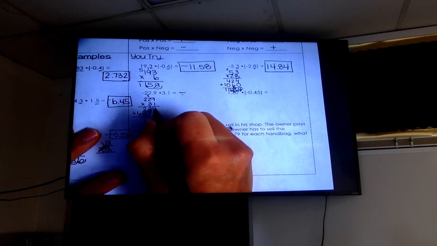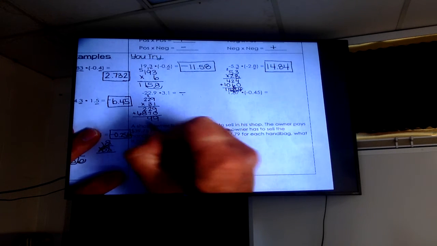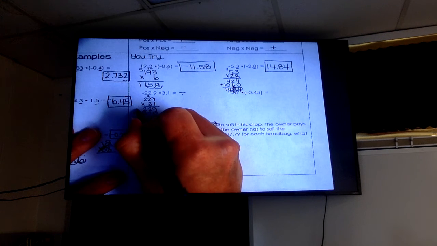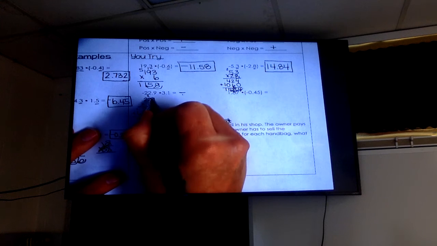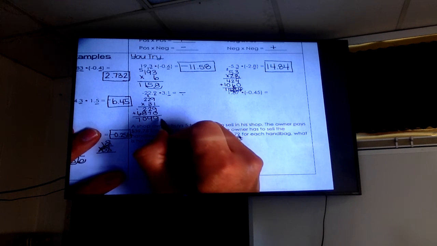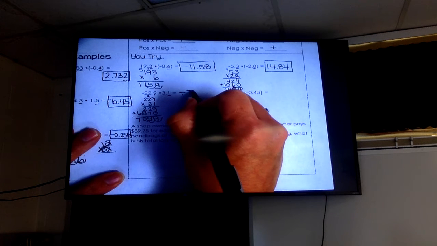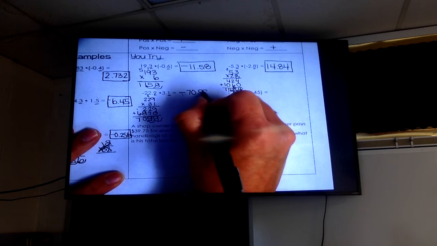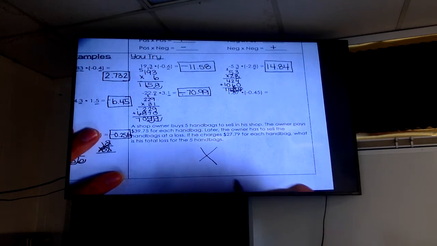Now I just need to add. 9 plus 0 is 9. 2 plus 7 is 9. 2 plus 8 is 10. And 1 plus 6 is 7. I go back up here. I have 2 numbers behind the decimal point, so I'm going to move it 2 places to the left. I already determined that it was negative, so my answer is negative 70 and 99 hundredths.